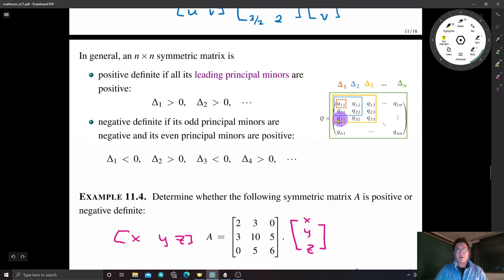And I briefly mentioned leading principal minors in a previous class a long time ago, but let me remind you of this definition. If we have an n by n matrix, okay, the first leading principal minor is this one, Q11, the very first entry. And the second leading principal minor is defined by the determinant of this 2 by 2.